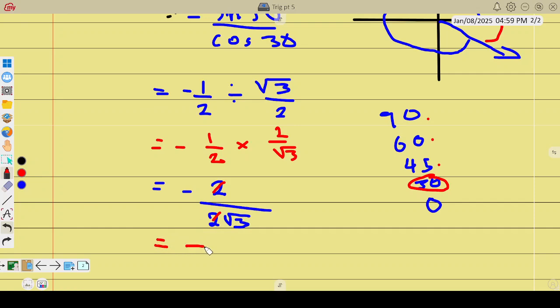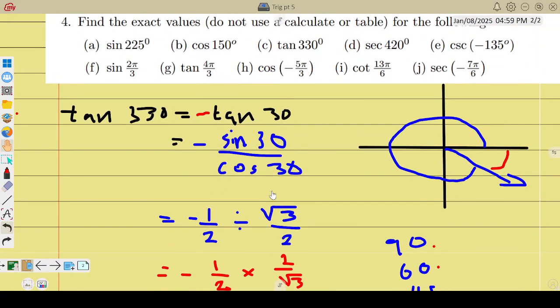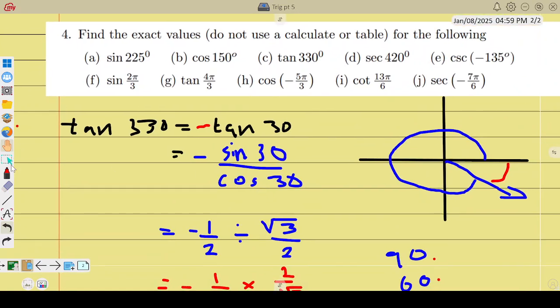So this would be negative 1 over root 3. Okay, so I hope we're together. Always remember, where you're not clear, screenshot and let me know. Alright, so we go to the next question.